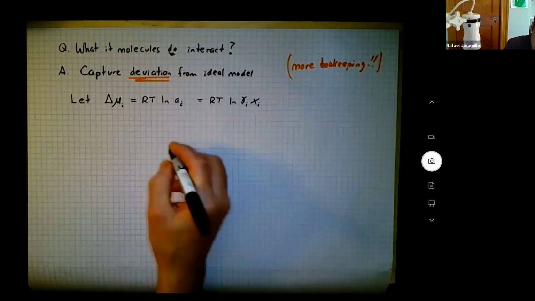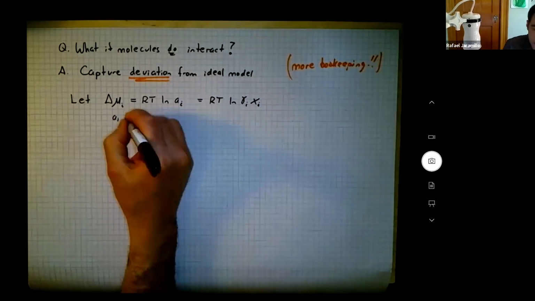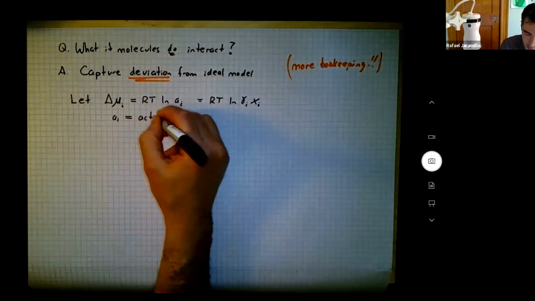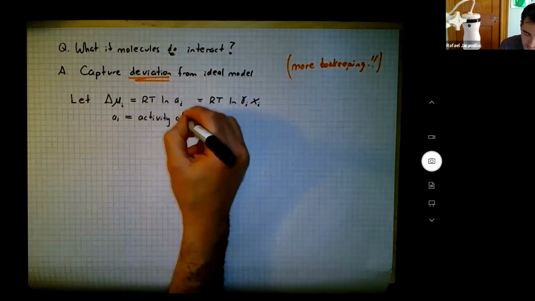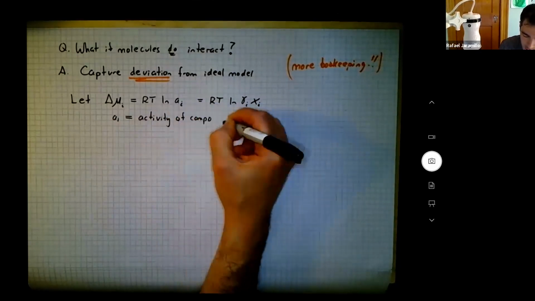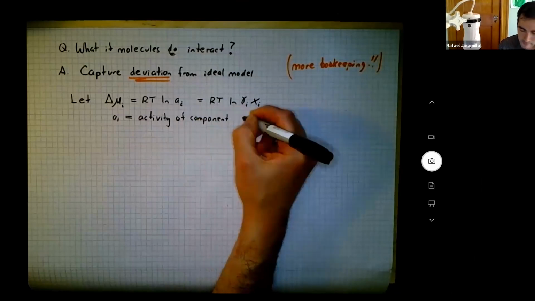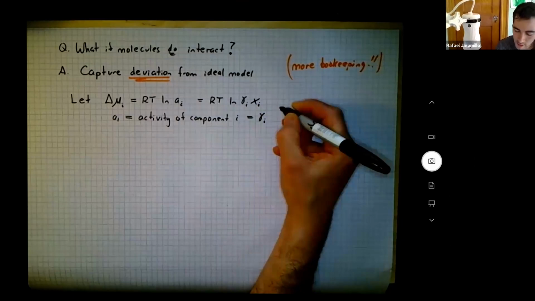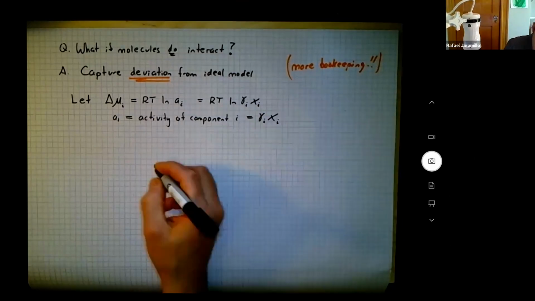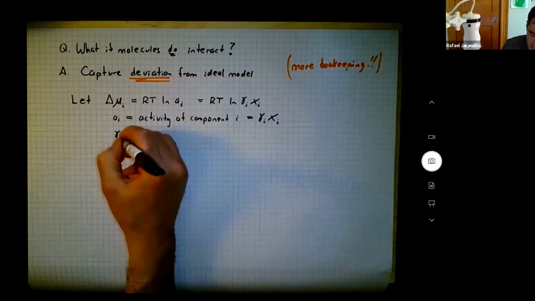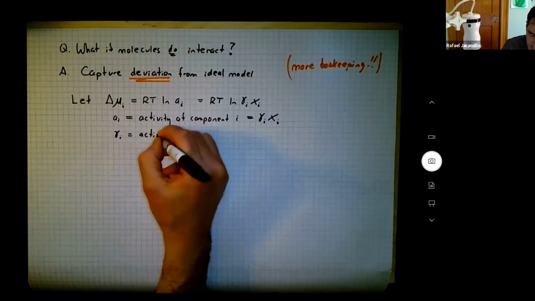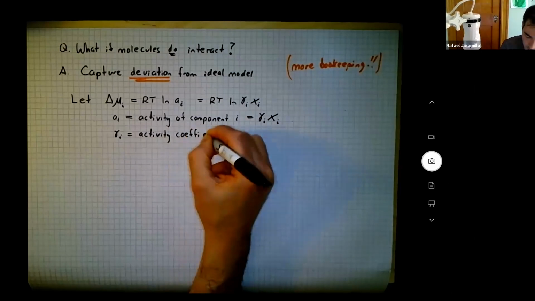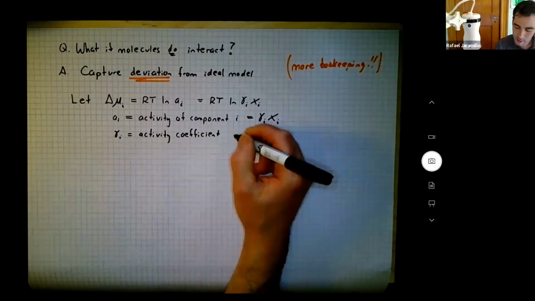These are just definitions. a_i is being defined as the activity of component i. And it's further defined by this product of gamma_i and x_i. And gamma_i is known as the activity coefficient of component i.